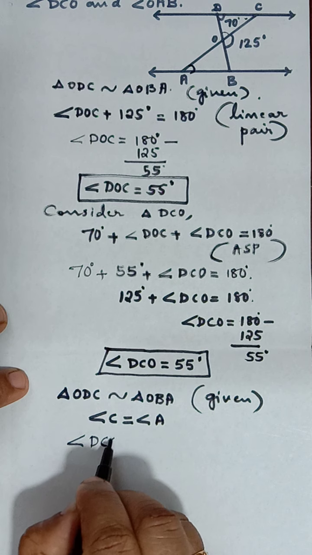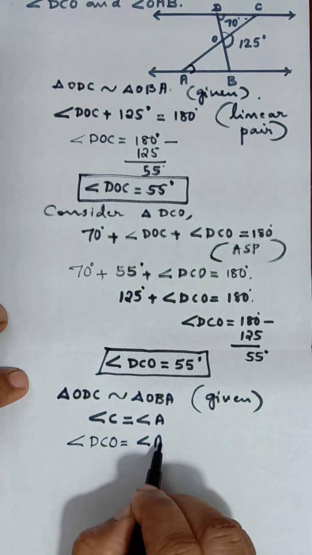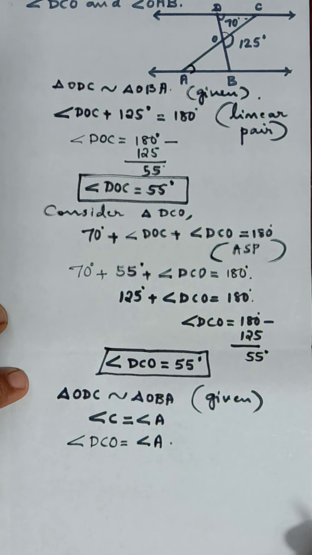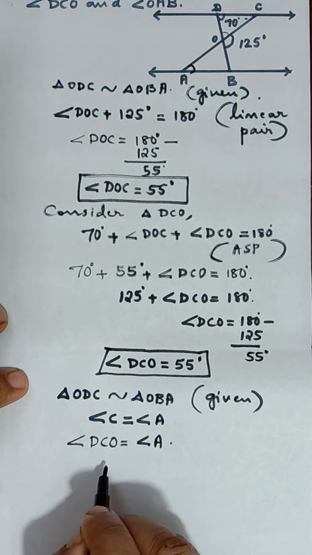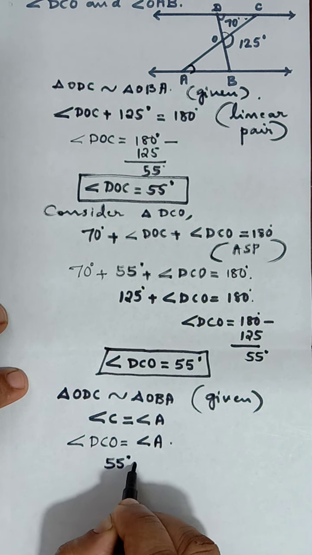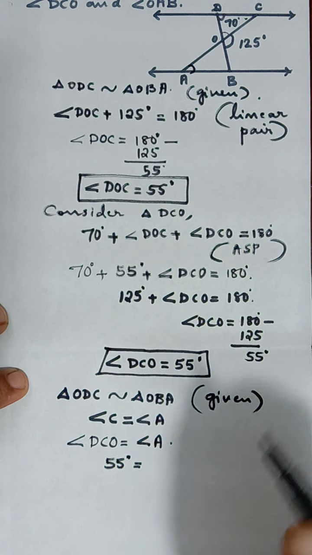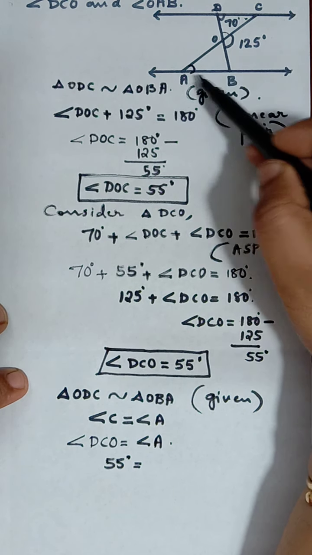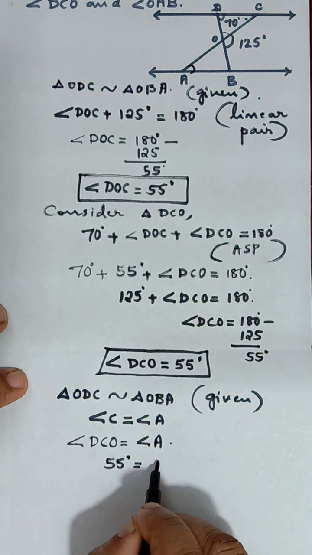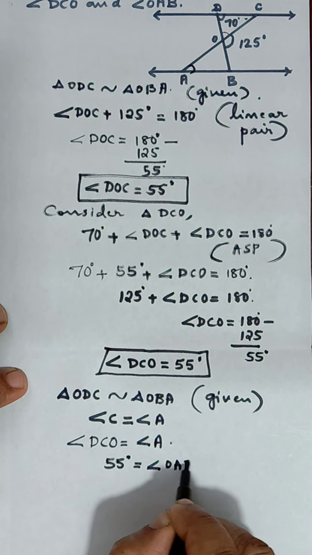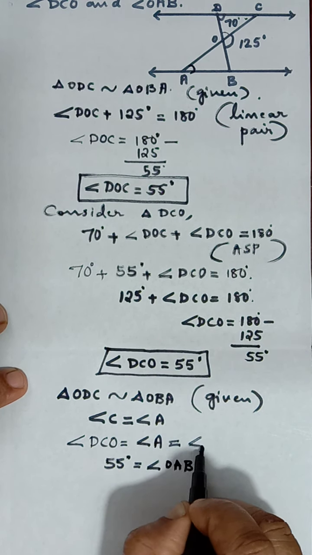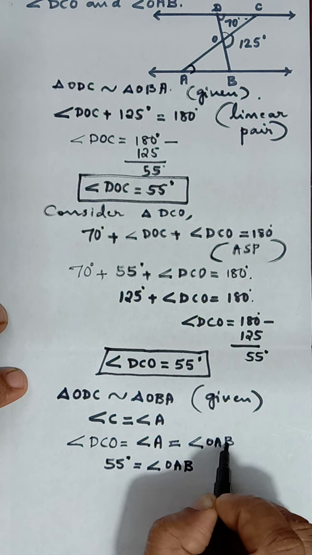Angle DCO equal to angle A. Angle DCO, it is found out 55 degree, that is equal to angle A. Angle A means, isn't it OAB? Here I'll mark it as angle OAB.